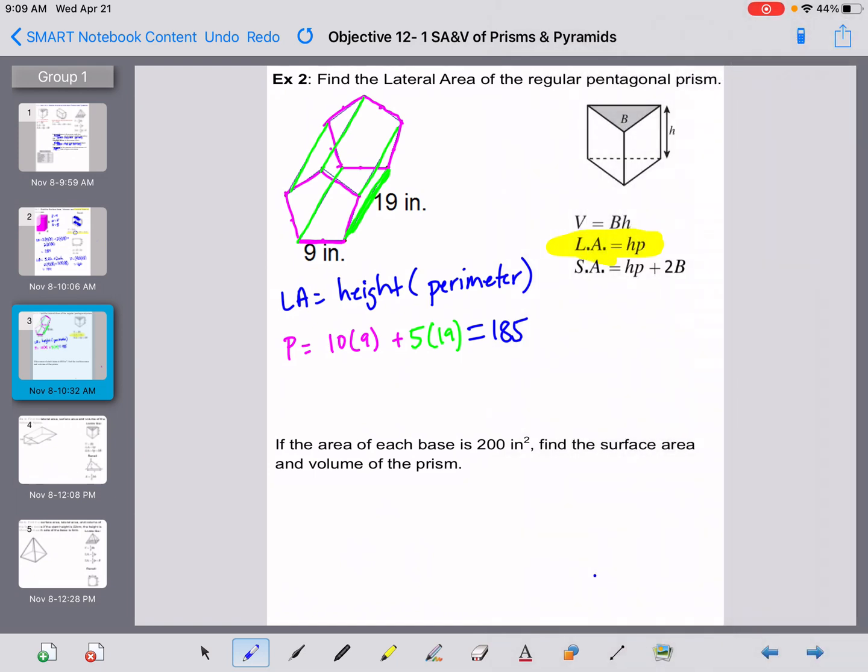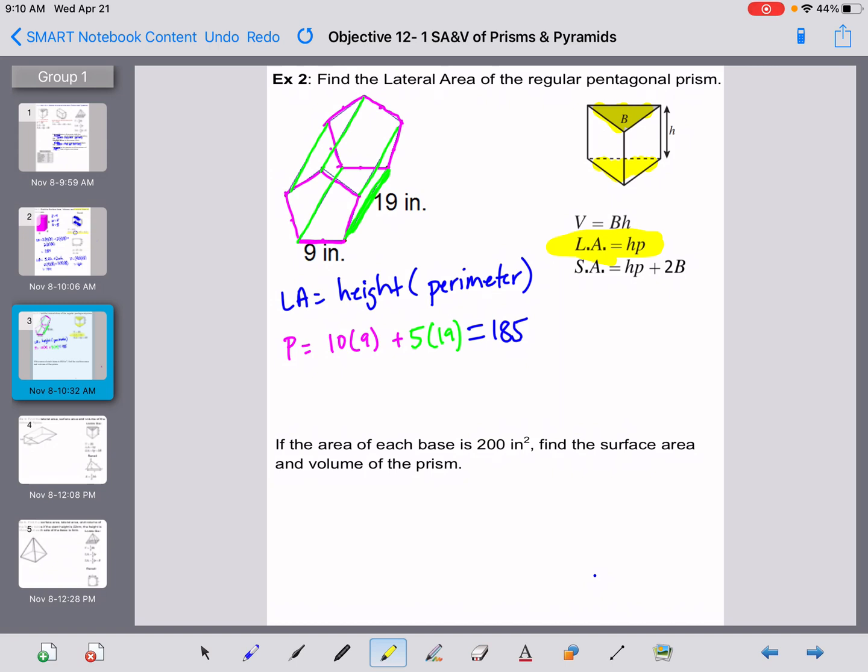Well, what's the height? So let's see. If I look at my figure, this is a base and this is a base. And then it looks like the height is along the square or the rectangle piece.